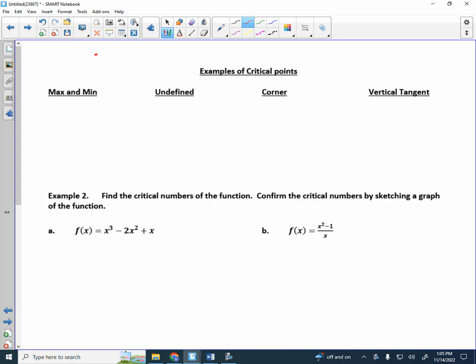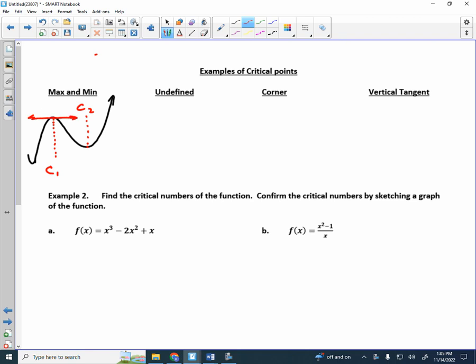So let's find some of those. First, let's look at some examples of critical points so you can get used to this. As we determine critical points, you might find a critical point there. You might find a critical point there at general local maxes and local mins because the derivative is equal to 0.